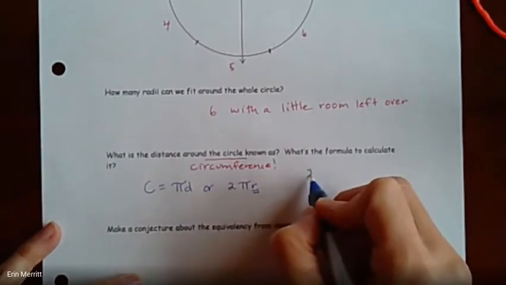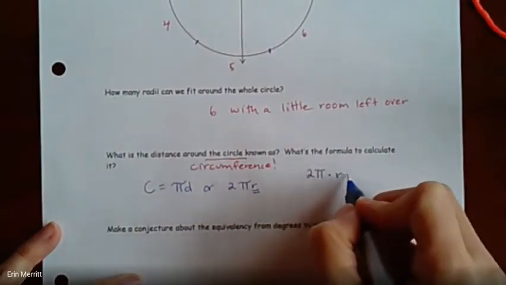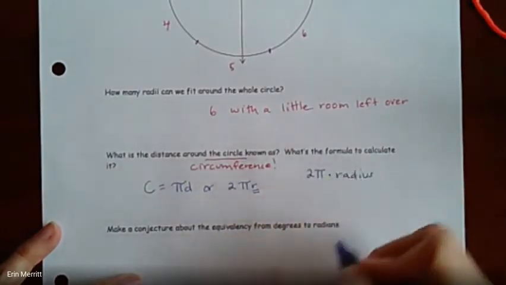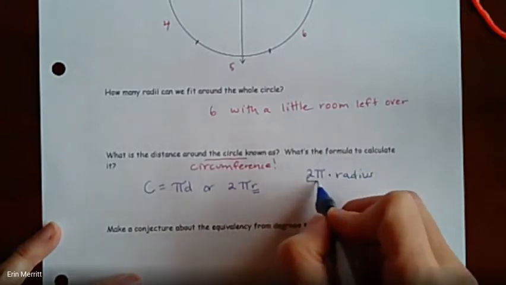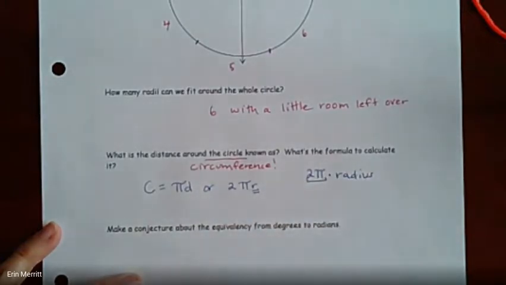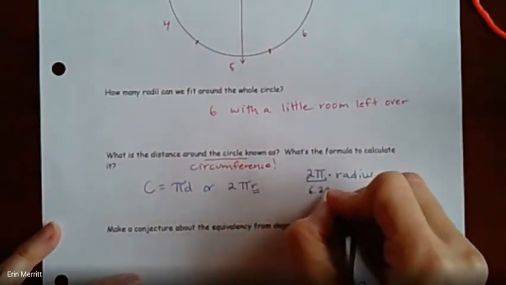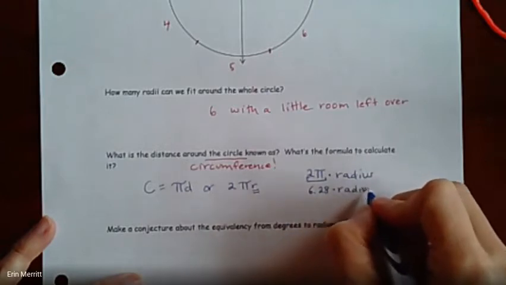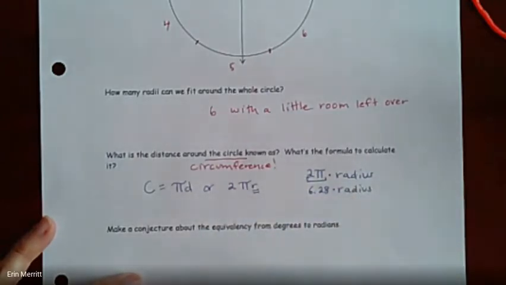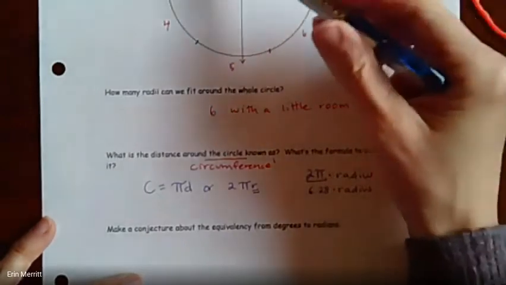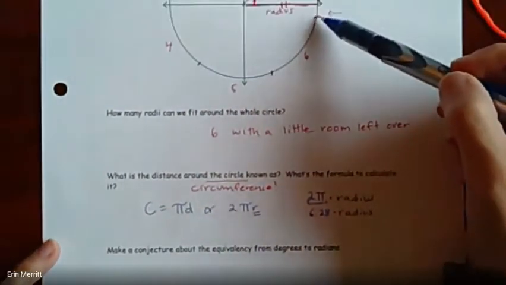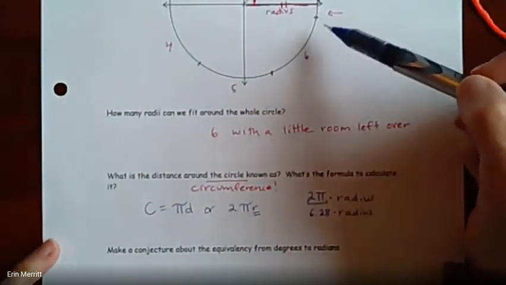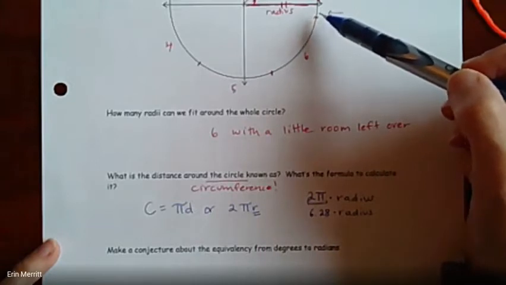If we think about 2 pi times the length of the radius, well, we know what pi is. It's about 3.14. So if we double that, it's about 6.28 approximately, times the radius, which means you should be able to fit in 6 full radii all the way around, plus about 0.28 of another one. So a little more than a quarter of that length.